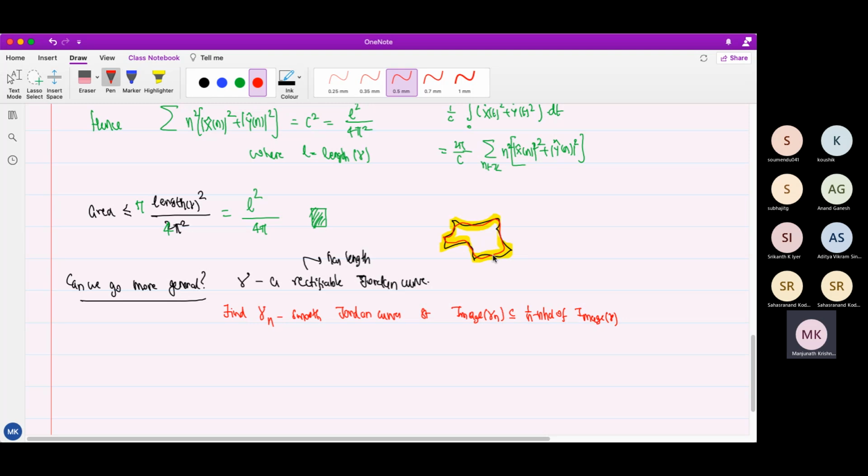This width is supposed to be 1 over n. You understand? This is called Hausdorff distance. Smoothness is easy, right? If you have a triangular region, you just smooth it a little bit here. There is no problem. You can approximate it by smooth ones.